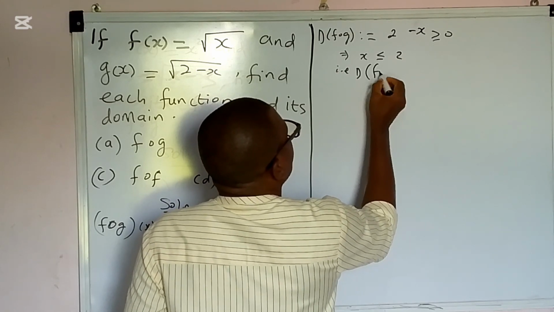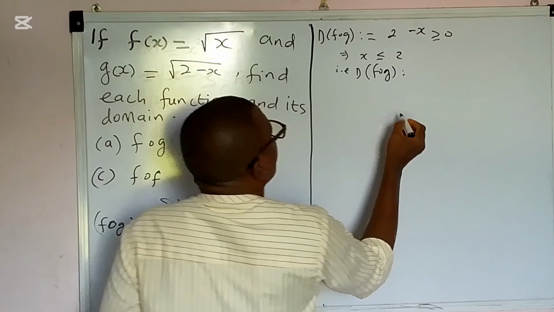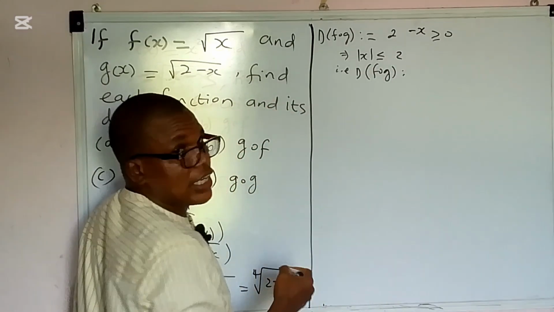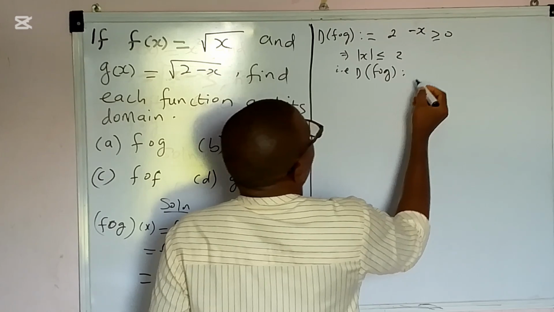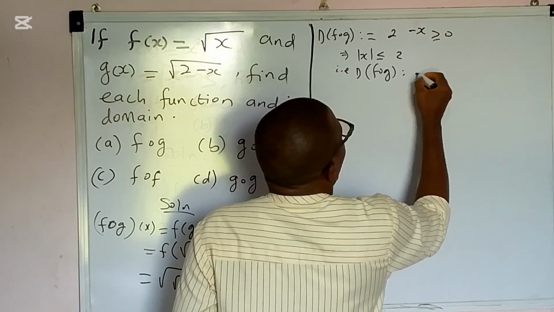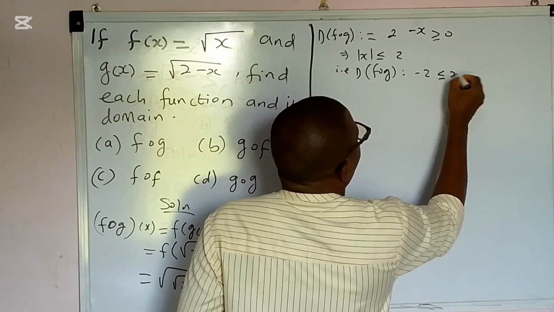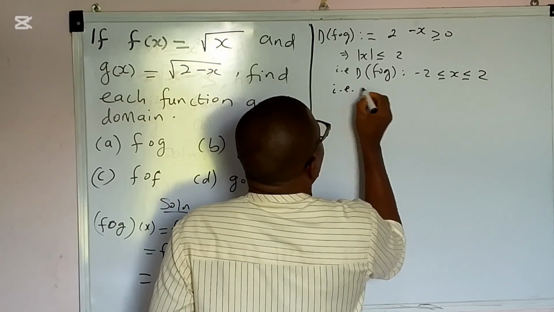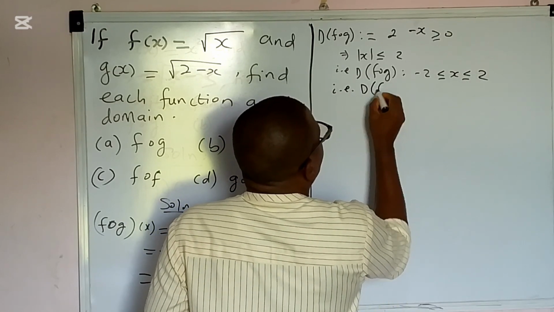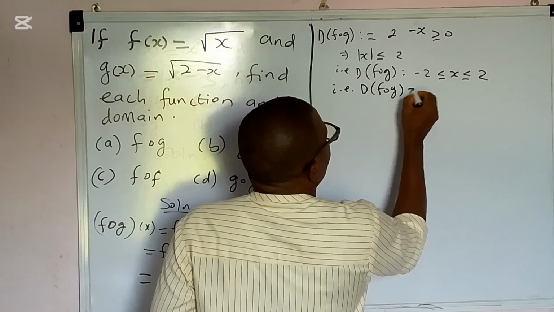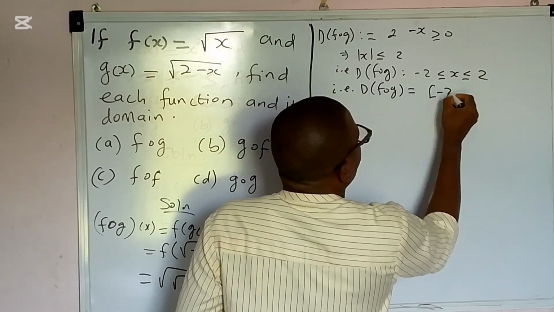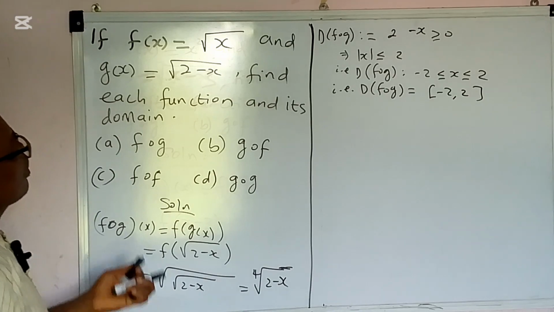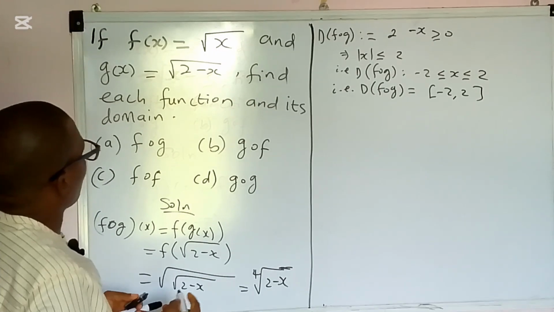That is, the domain of f composition g will lie between this, the modulus of this is less than or equal to 2. So this will happen if and only if minus 2 is less than or equal to x, less than or equal to 2. That is, the domain of f composition g will be minus 2, comma 2. Okay, so that's the first one.